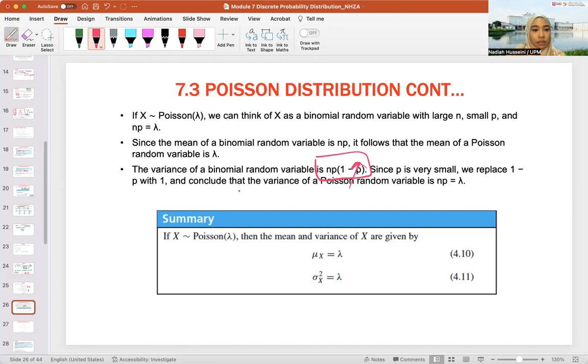So 1 minus P becomes just 1, and we conclude that the variance of a Poisson random variable is NP, which equals lambda. So very easy: the Poisson distribution tells us that the mean is just lambda and the variance is just lambda. And your standard deviation is the square root of lambda. Do not get this wrong. You have to have that square root there.